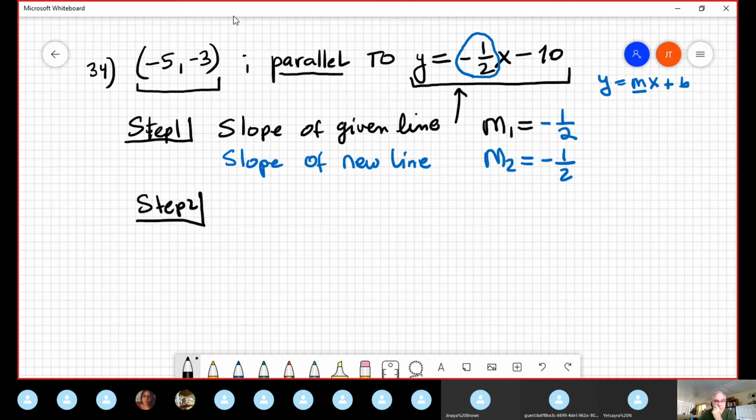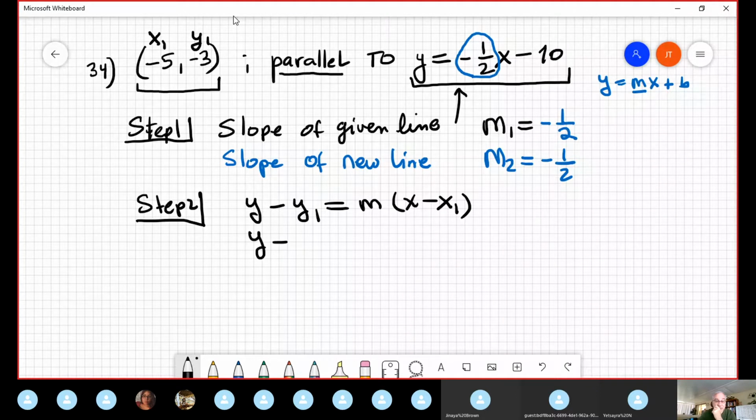Now, step 2, let's find the equation using that formula. And the given point is this. This is x1, y1. Now, y is a variable, y1 is -3. And so we have, well, you want step by step, I put -3 here, but I know the double negative becomes positive, no?